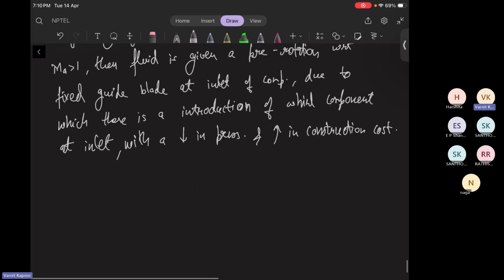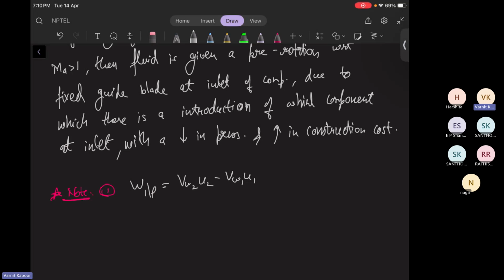Then what will be your work input in that scenario? The work input will now become VW2 U2 minus VW1 U1. Now VW1 won't be 0.